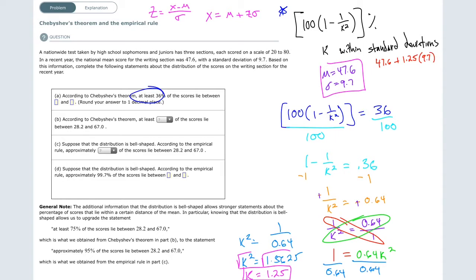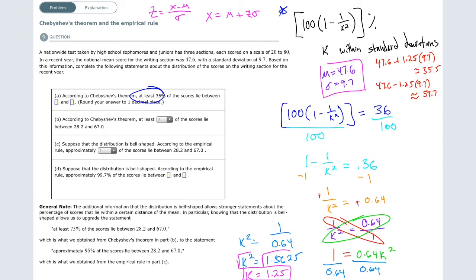When you do that, you should get about 35.5. But then you also have to do the mean minus 1.25 standard deviations times the standard deviation, and it's 59.7.